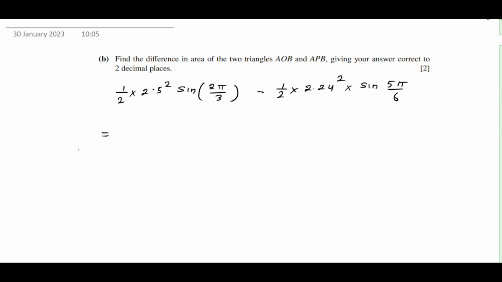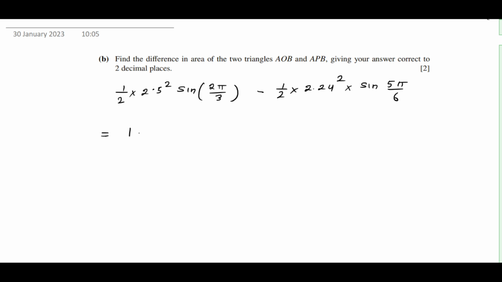Okay, and this is equal to 1.45, up to 2 decimal places.